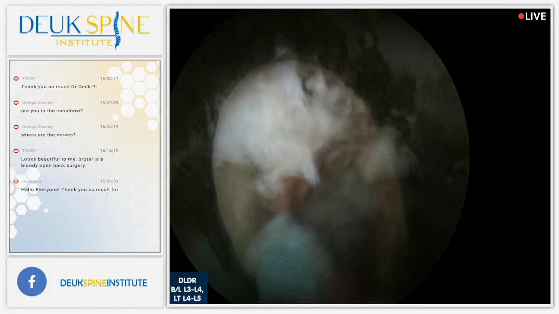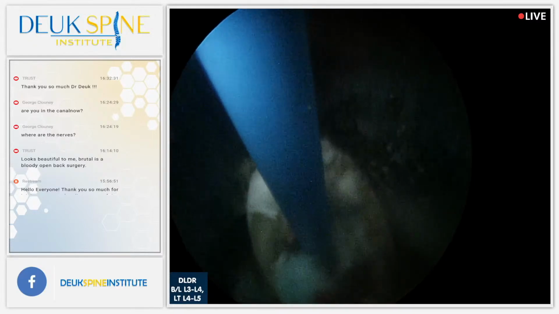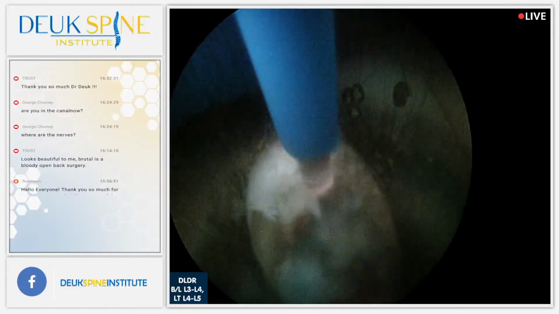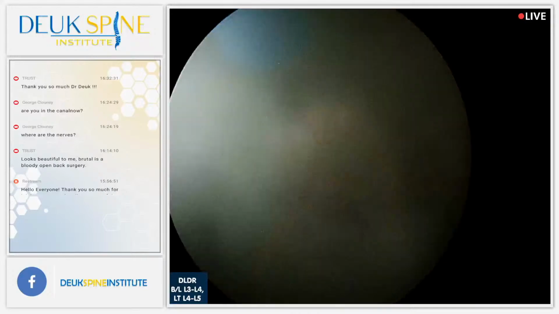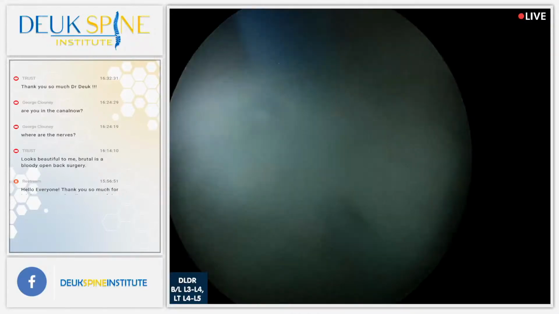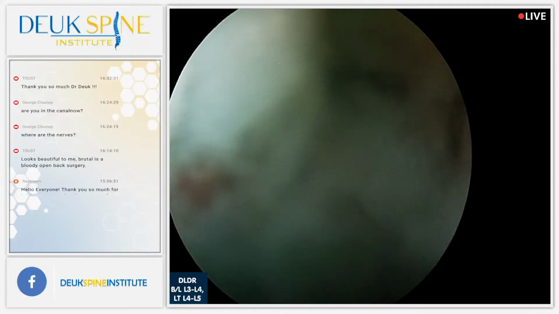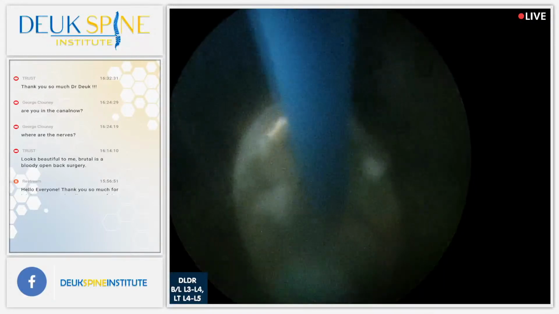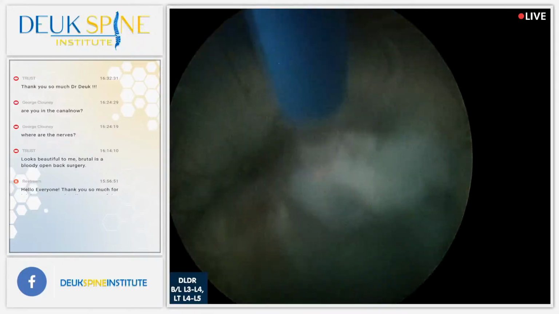The reason it's bloody on this side is because we did the other side already. The blood is going from the muscle, where it oozes a little bit down the track that we created, and into the disc and through the disc to this side.